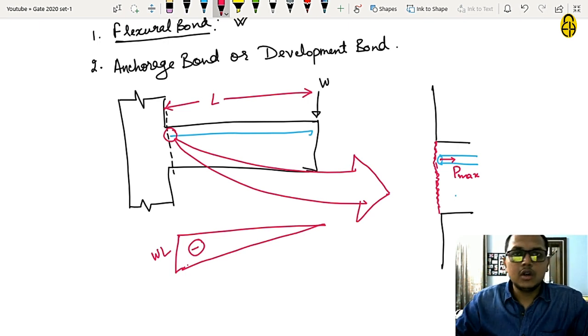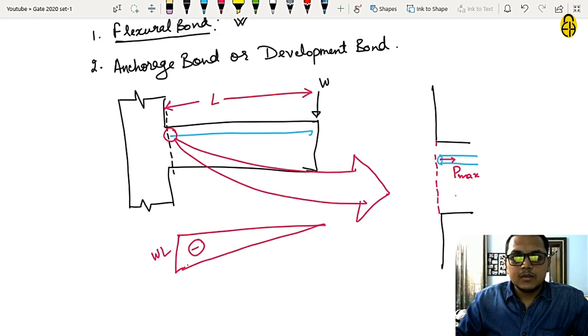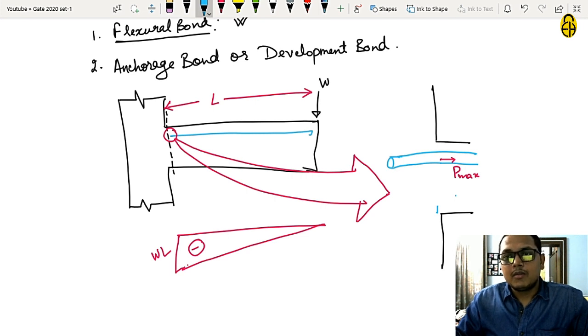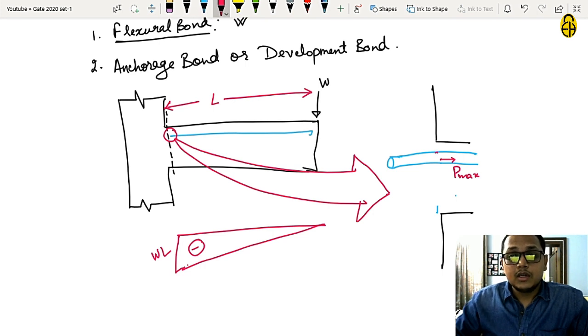In order to ensure that the reinforcement bar takes all the tensile force, we have to extend this reinforcement bar into the column so that an appropriate development length is provided to the reinforcement bar, so that the bond resistance is able to normalize the maximum load at this point.